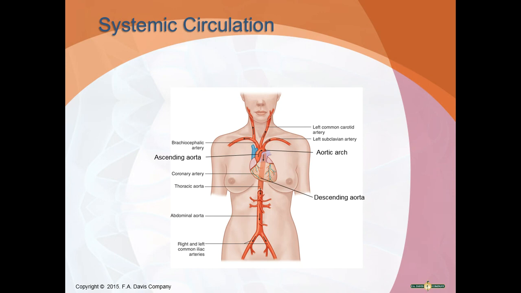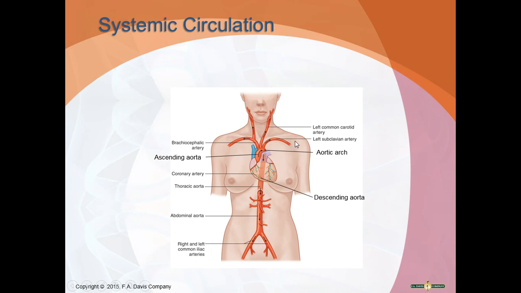The descending aorta travels downward, dorsal to the heart, through the thoracic and abdominal cavities. It is called the thoracic aorta above the diaphragm and the abdominal aorta below the diaphragm. The abdominal aorta branches into the right and left common iliac arteries, which supply blood to the lower pelvis and the leg.